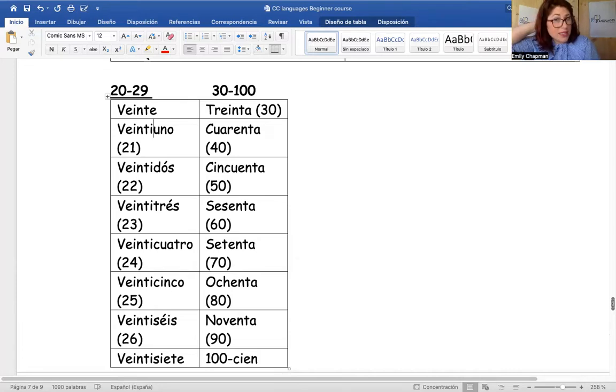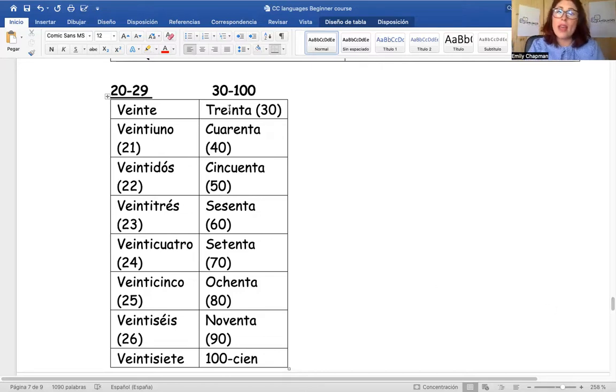So now really the same rule applies for all the numbers, all the way from 30 to 99. The rule is that I take the tens, I put an "and" and I put the units on the end. So what we don't need to do is have a massive list of all the numbers, all the 30s, all the 40s.